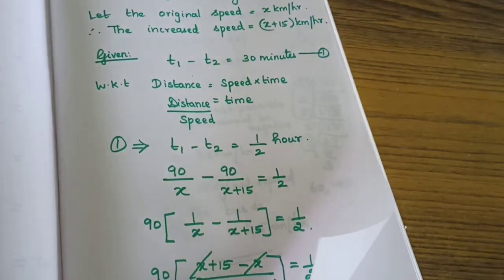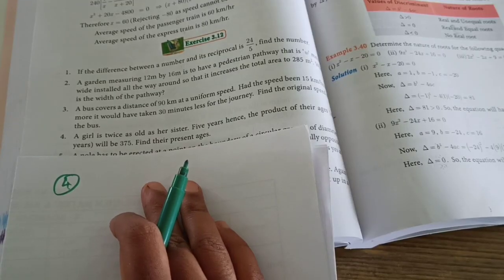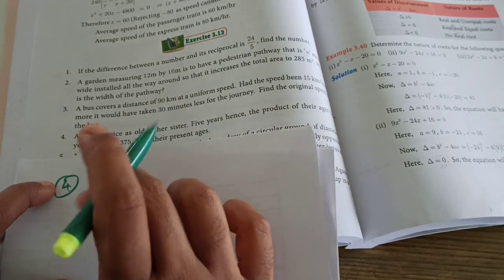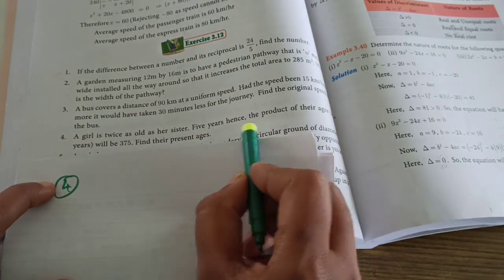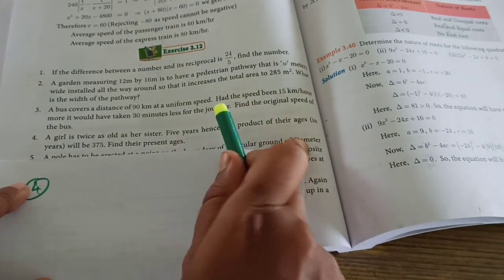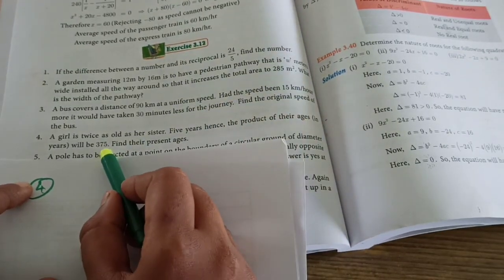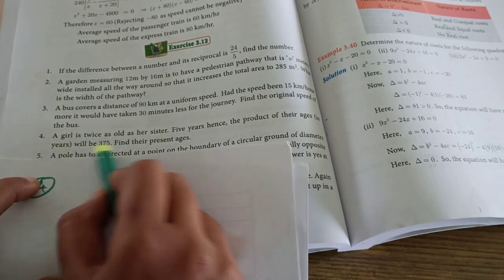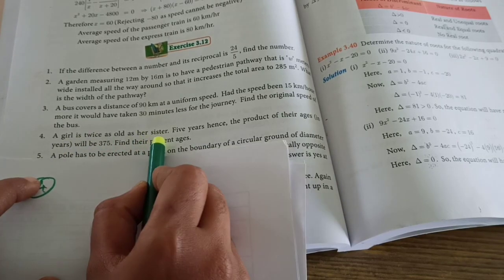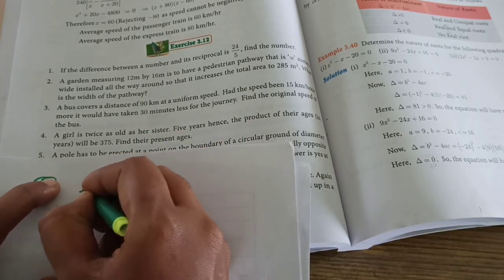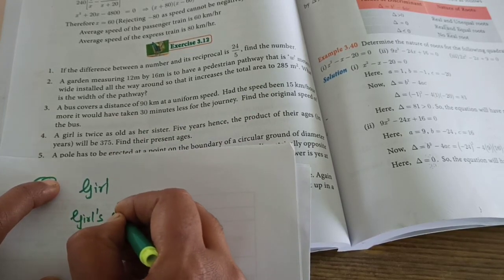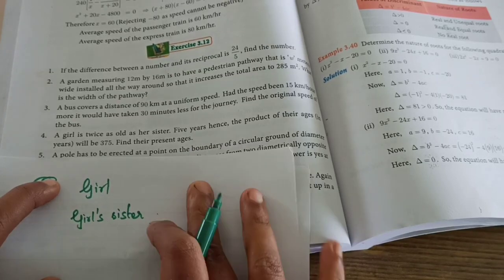Problem number 4 now. See the rough work now. Fourth question. A girl is twice as old as her sister. 5 years hence the product of their ages will be 375. Find the present ages. So here two persons are being compared, a girl and her sister. So we can give the names girl and girl's sister. What is given?